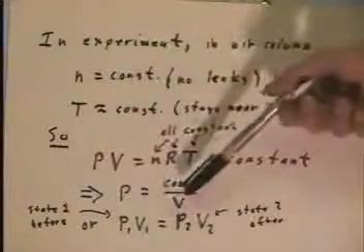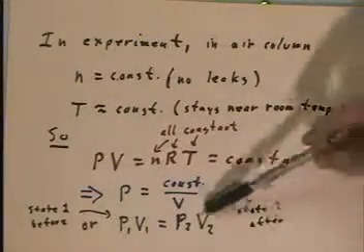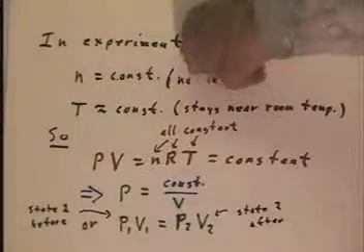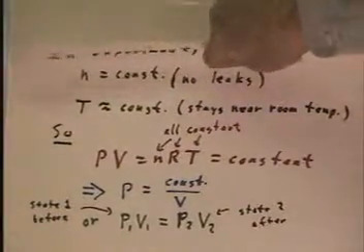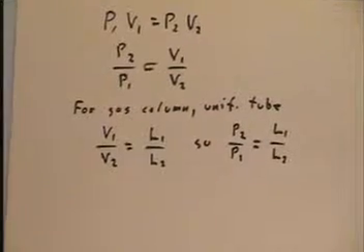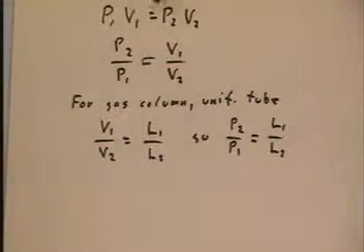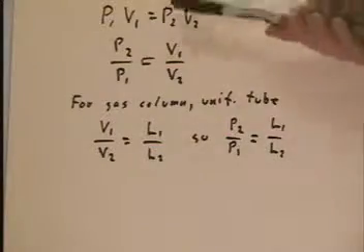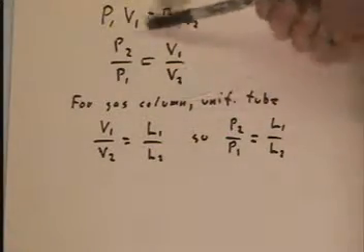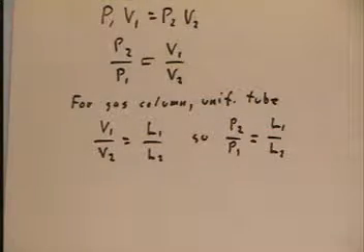The P1 V1 product for state 1 before is equal to the P2 V2 product of pressure and volume for the state after the expansion. Since P1 V1 equals P2 V2, we can algebraically rearrange this in a very simple way, and we get P2 over P1 equals V1 over V2.